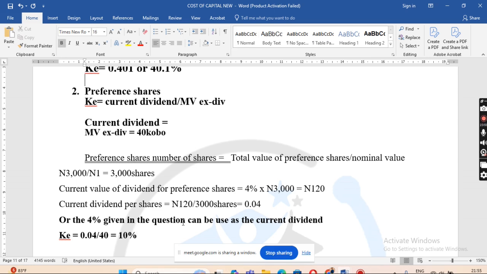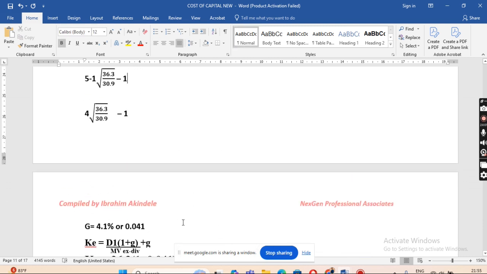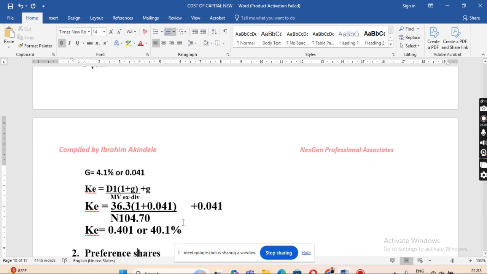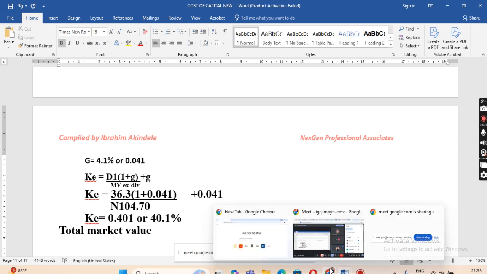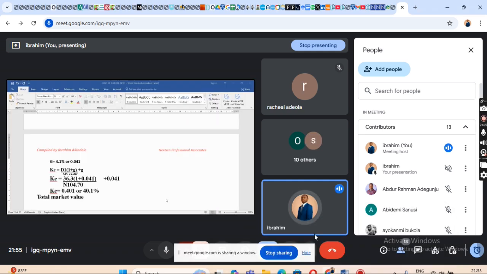Now, before I move on, after the cost of ordinary shares, I'm supposed to determine the total market value, right? Don't forget, the first step is to identify the sources of finance, the second is to calculate the cost of capital, which is equity or debt.